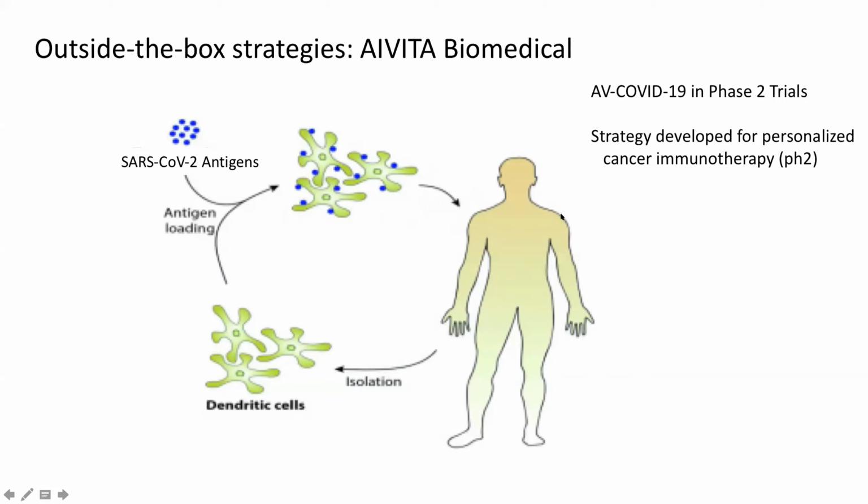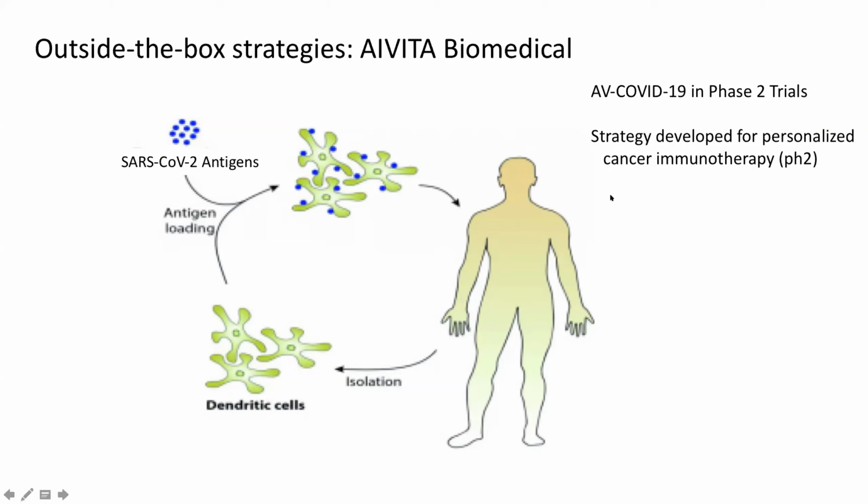So this one, I had to read it a couple times because I was stunned that was a strategy in phase 2 trials, because it seems like it would be a really, really slow process doing this for everybody that needs a COVID-19 vaccine. But what's interesting is this is their first foray into infectious diseases that I can see.